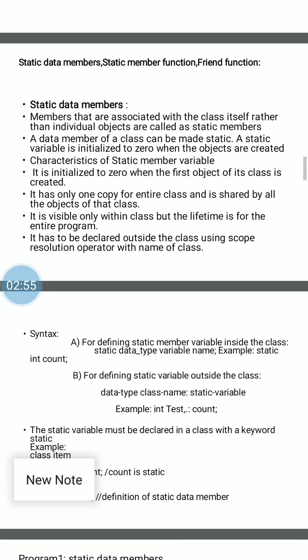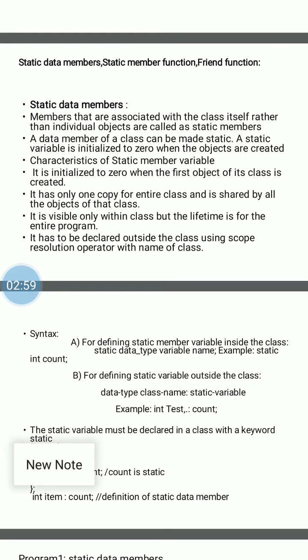Then only one copy for entire class, means memory is created for only one time, means only one copy of that variable will be created and it is shared by all the objects of that class.